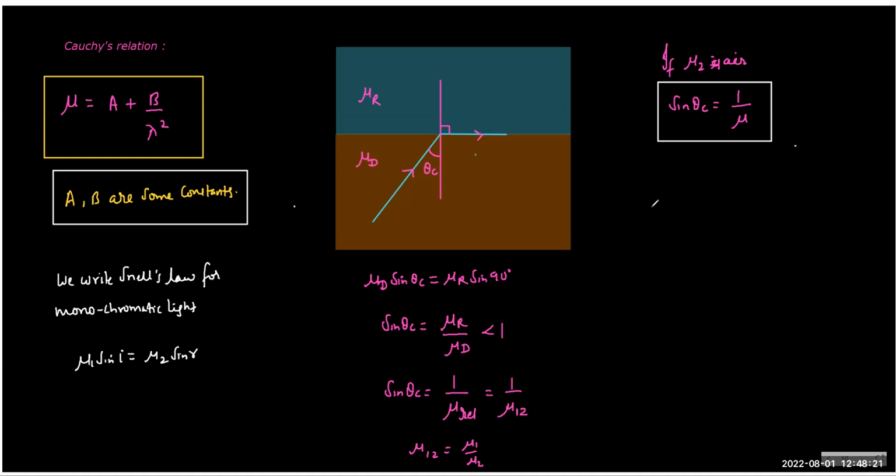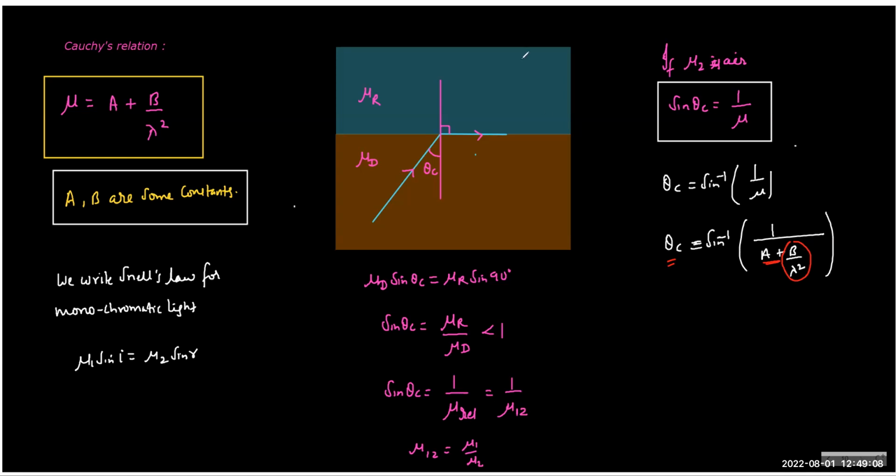Now the problem is that mu itself follows Cauchy's relation. So as lambda increases, what will happen? As lambda increases, this term will decrease, and if this decreases, then mu decreases, which means the inverse will increase, which means critical will increase or decrease?